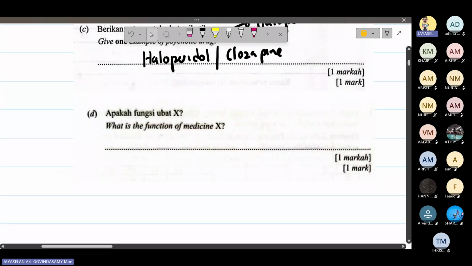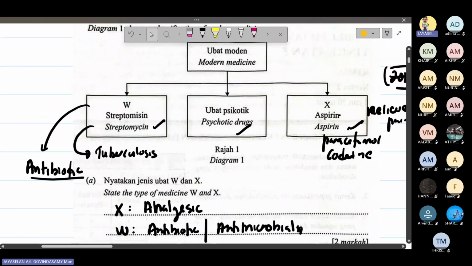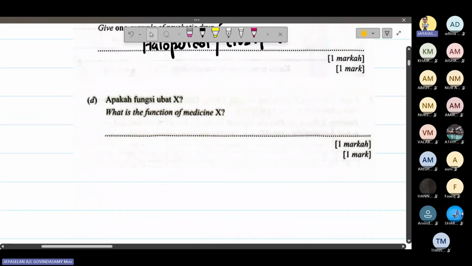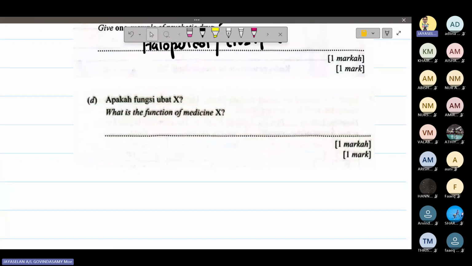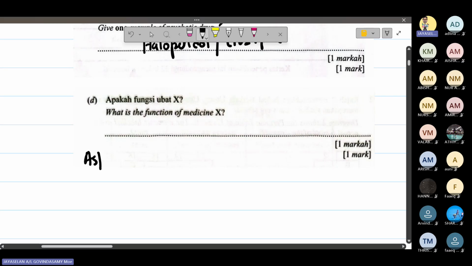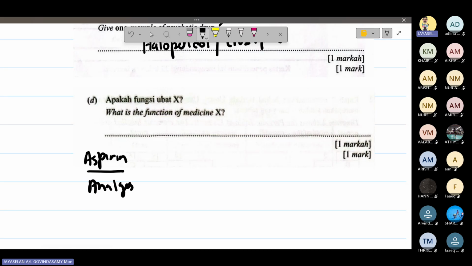What is the function of medicine X? Where is your X? This one, aspirin. What is the function of medicine X? Anyone? Please remember this one, aspirin is under analgesic, used to relieve pain, right?